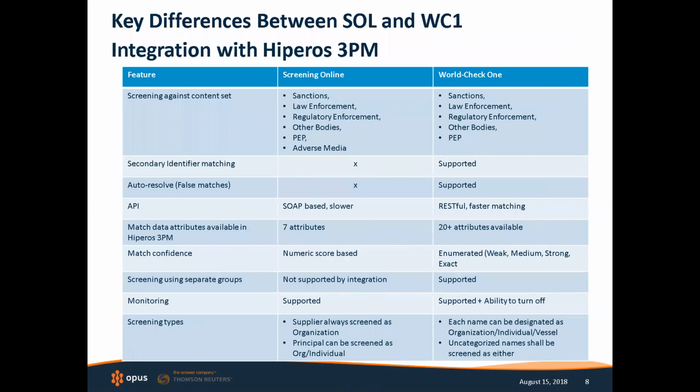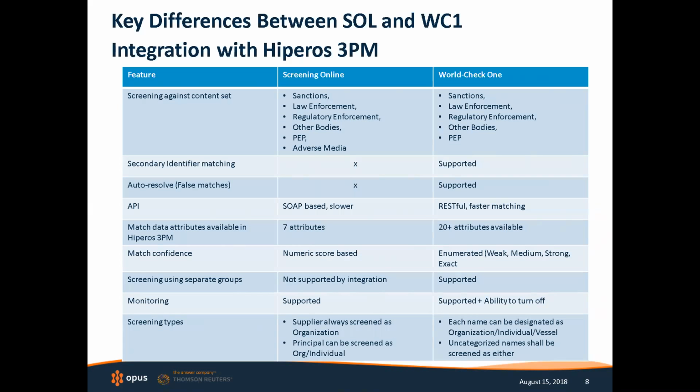Today, you can't do that. What you have to do is just screen Walmart, and then you get all these hits, and then you got to go through each one of them to eliminate all the ones that are not in Mexico. Well, you can actually set that up now such that this is done for you by the integration. You can automate that by applying a country filter to your screening. I think it's going to be of huge value. It's going to reduce the number of hits you got to look at.